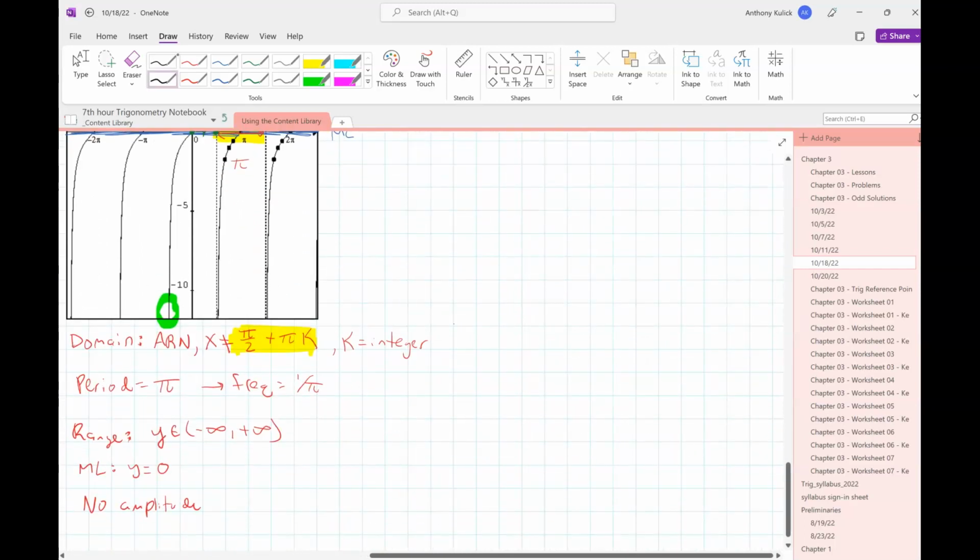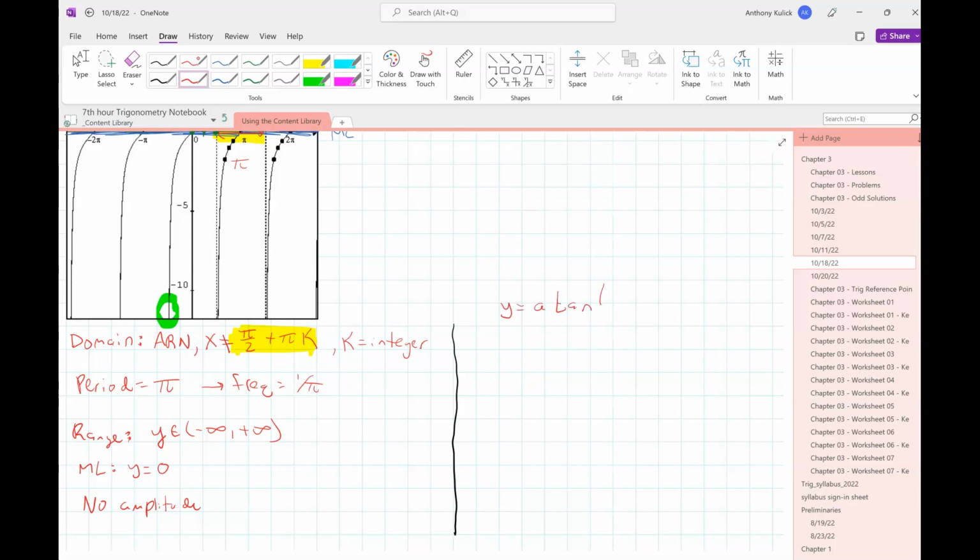What if we want to talk about the tangent function in general, though? What if we talk about its resultant function? Is a transformation going to change the domain for our tangent function? Yeah. Because the transformation can change two things about our domain.